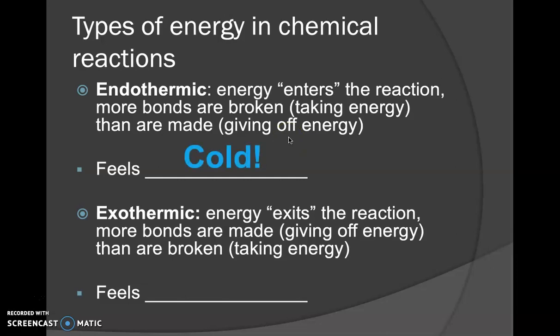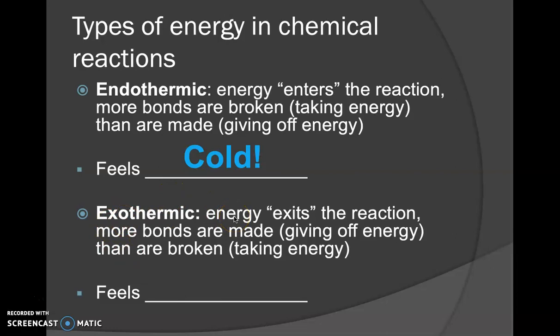Now this is kind of counterintuitive. We have energy entering the system, which means that the reaction is taking energy, but what we feel is cold because it takes that energy from the surrounding areas and causes that cold feeling. Next, we have exothermic.